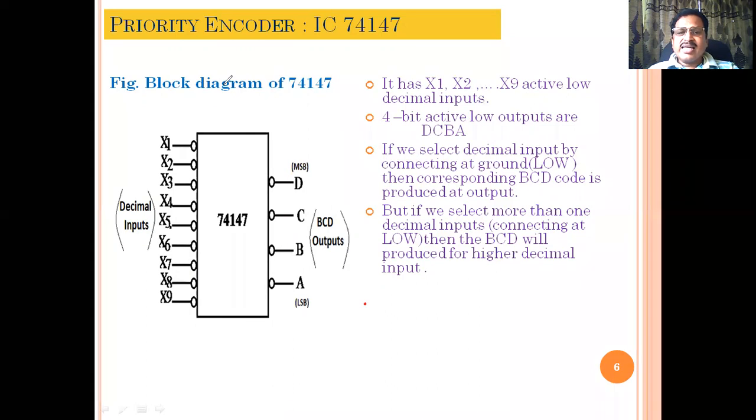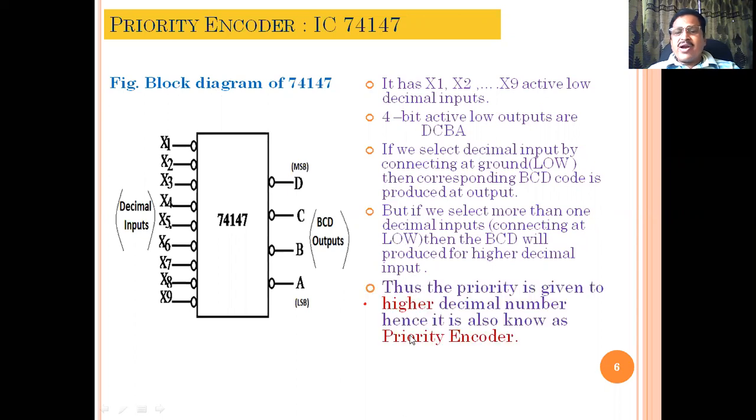Therefore, this IC, as I said, is called a priority encoder. Why is it so? As we select more than one decimal input, the priority is given to the higher decimal number. Hence, it is known as a priority encoder. This question is always asked in the practical oral during the practical exam as well as in the theory exam.